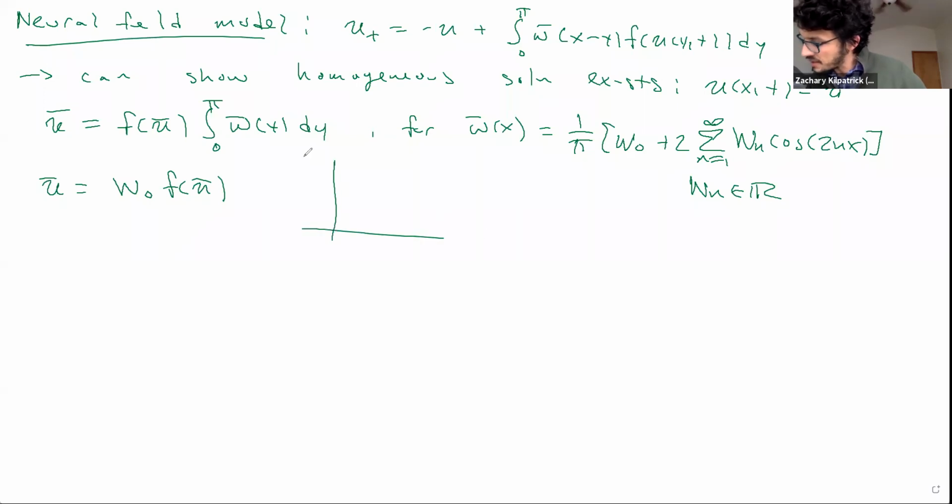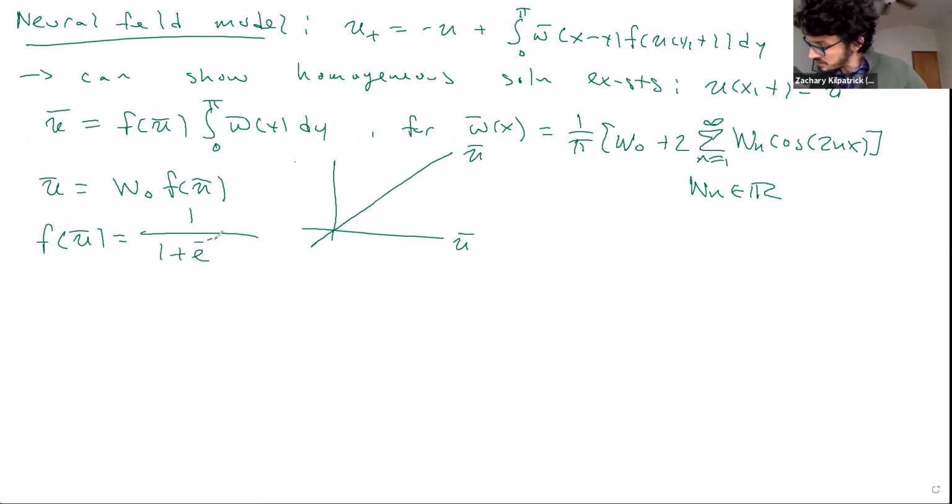So we can sort of plot this, right? If I plot as a function of u bar, with f of u bar equal to this nonlinearity, 1 over 1 plus e to the minus eta times u minus kappa, then we get something like this, where we have some intersection here, some intersection here, and some intersection here.